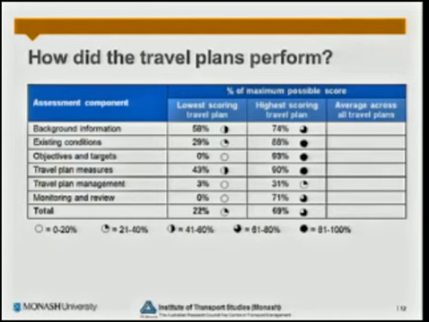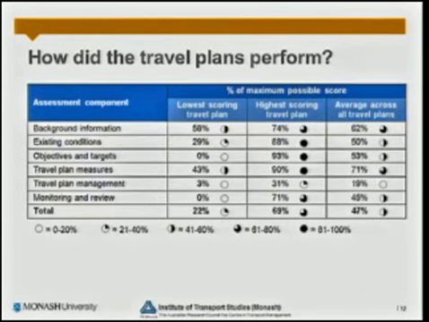There was no articulation of how this was going to be implemented. Who had responsibility for the travel plan? Who was going to be following up with the residents? It was a document that was prepared at the time the building was developed and then would just be sitting on a shelf somewhere and wouldn't necessarily be implemented in full. Overall, against this performance metric, the average score was a fail at 47%.